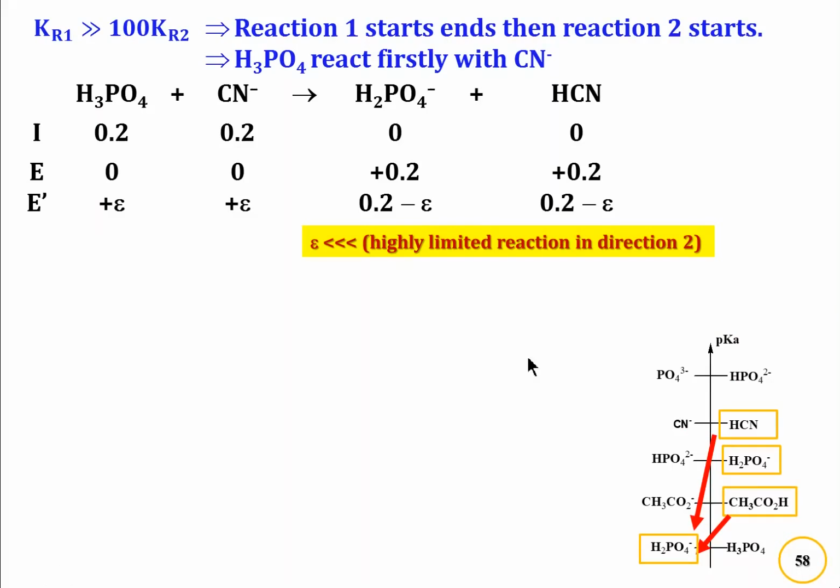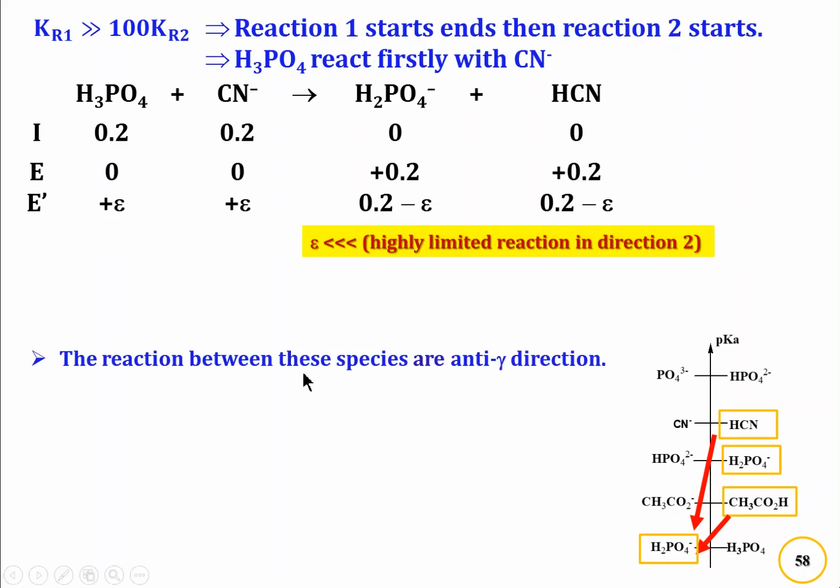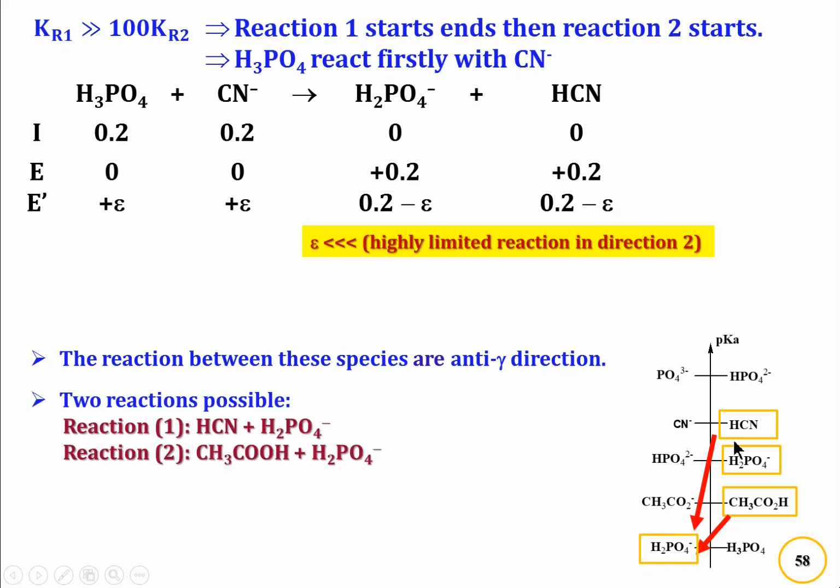Now we have to look for the new reactions between the species present. The reaction between the species is in the anti-gamma direction. We have a reaction between HCN and H2PO4-, and another reaction between CH3COOH and H2PO4-.